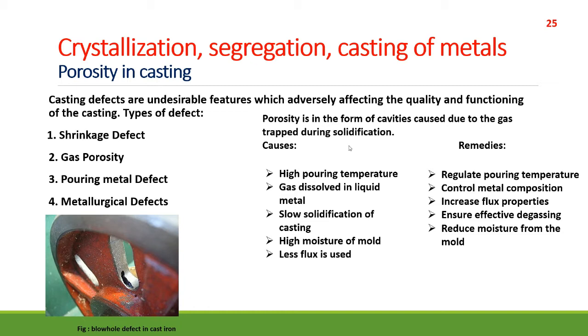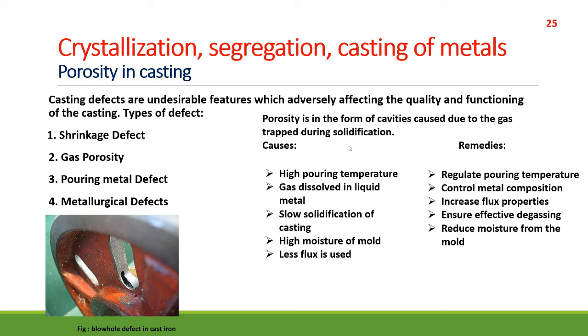Number three is pouring metal defects, which include misruns, cold shuts, and inclusion. Out of the three, misrun is a very common type of casting defect. A misrun occurs when liquid metal does not completely fill the mold cavity, leaving unfilled portions.